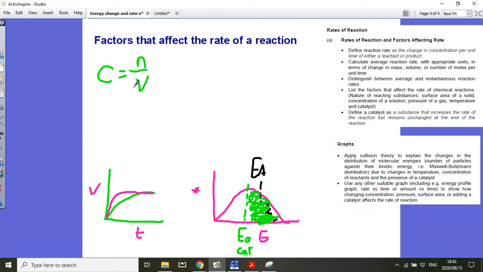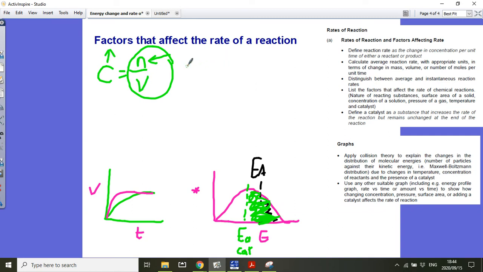So if my concentration increases, sometimes the moles are going to increase. I might have more moles, but it could be because my volume is decreasing. It doesn't matter. Either way, there's going to be more moles per unit volume if my concentration goes up.